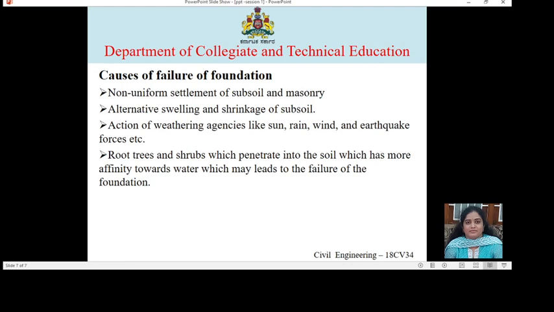You can see these types of problems in older structures constructed close to large trees which grow for many years. The roots penetrate inside the foundation as they grow. That leads to cracks in the foundation, and finally there will be a failure which you cannot see from the outside. So these are the different causes of failure of foundation.